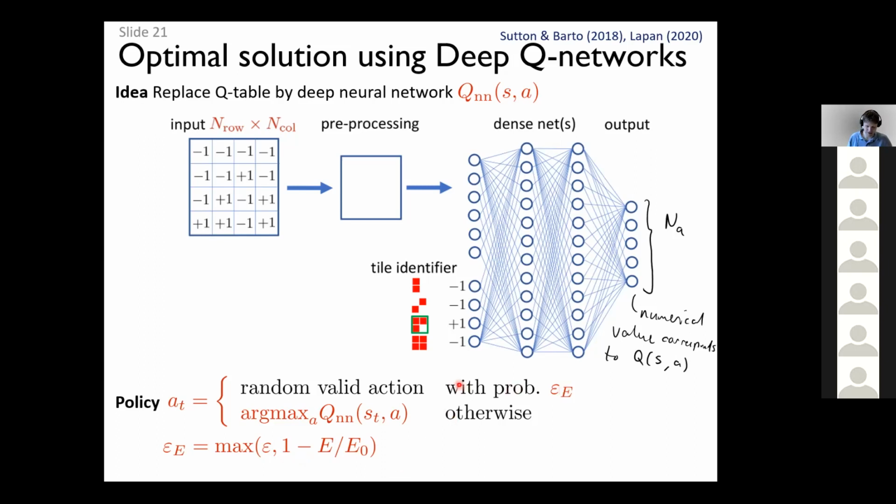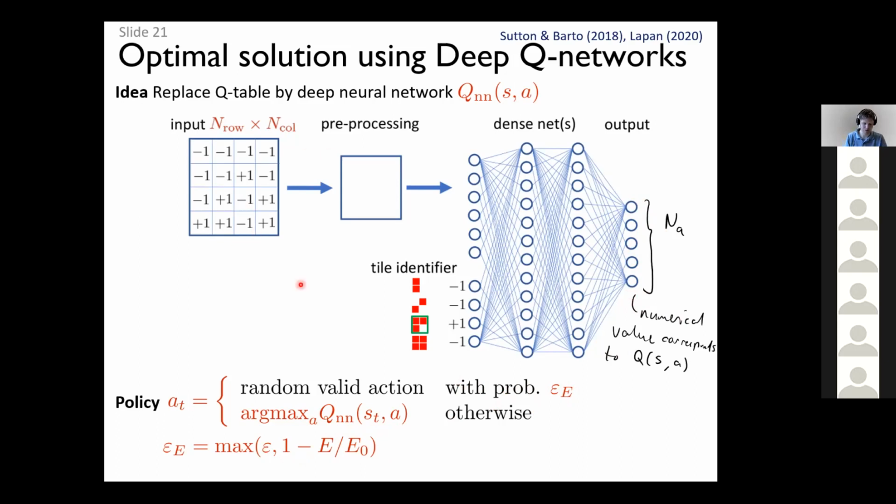That's the epsilon case, and if the random number is not smaller than epsilon, we just choose the action corresponding to the largest output node here, similar to the largest Q value in the table before.